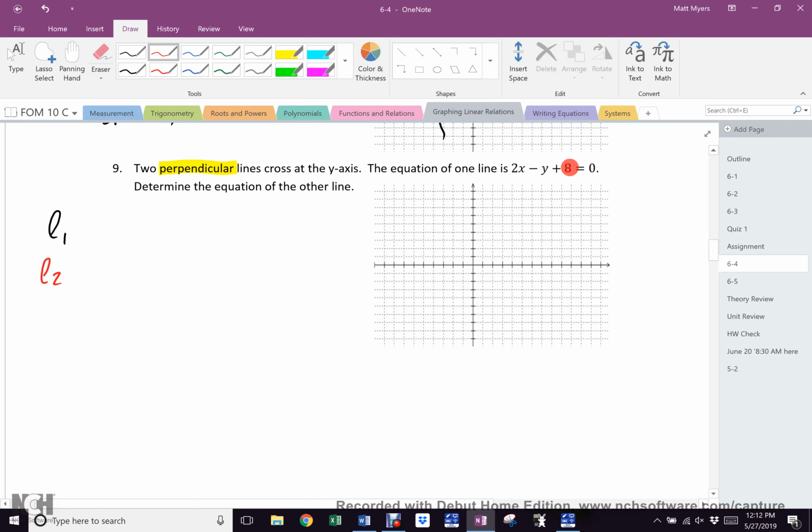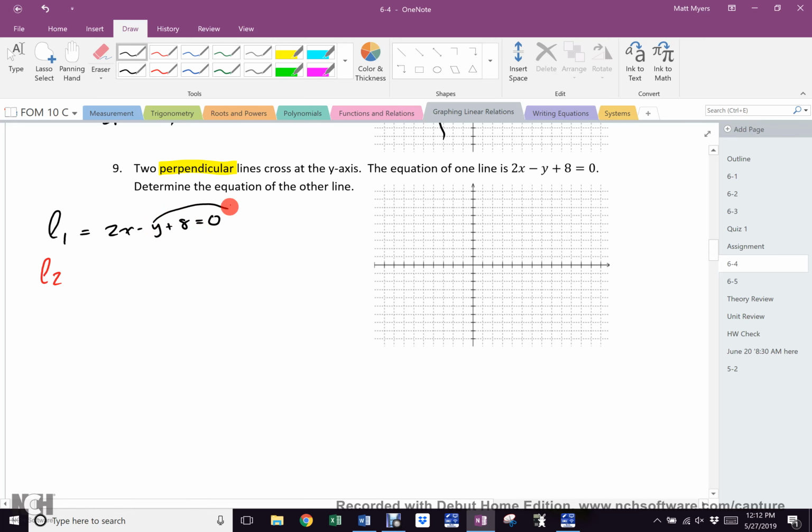I know line 1 is 2x minus y plus 8 equals 0. Is that in a form that I can work with? Can I make that into a form I can work with? How? If I get y by itself, I can work with that, can't I?